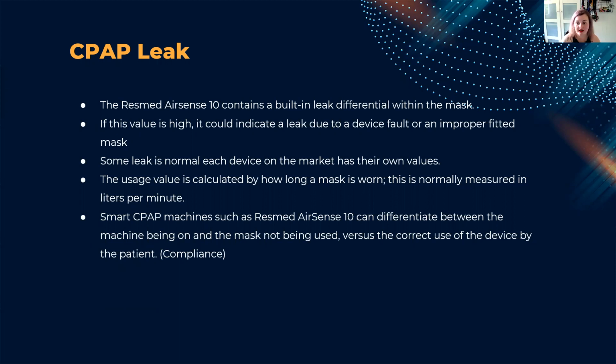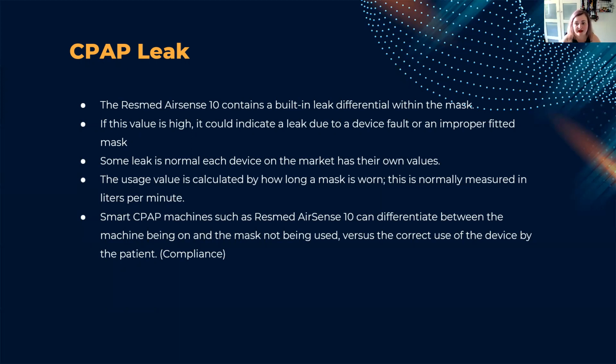One could be a device fault, that there is such a big leak, or it's just an improper mask fitting. And these are things that you would investigate if a patient came to you and said, well, I'm not getting adequate treatment. If you looked at the CPAP leak and you see that it's far exceeding what the manufacturer states in their manuals, you would firstly look into how the mask is fitted and see if the patient's got it right, if the mask needs to be replaced, or whether it's actually a device fault.